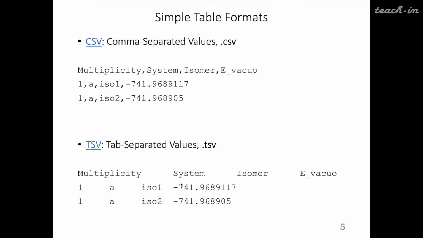We can also use tabs as separators for data, and in such a way we have the TSV format. So we simply separate data by tabs, and we also can store numerical and string data.